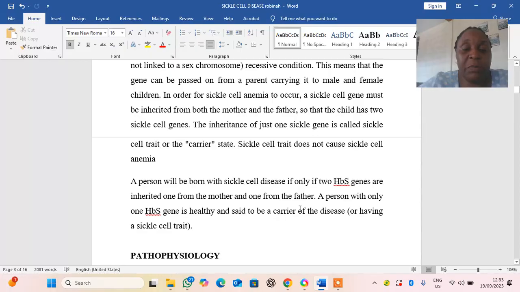A person will be born with sickle cell disease only if two HBS genes are inherited, one from the mother and one from the father. A person with only one HBS, one recessive gene, is healthy and said to be a carrier of the disease. Being a carrier means you have a sickle cell trait.